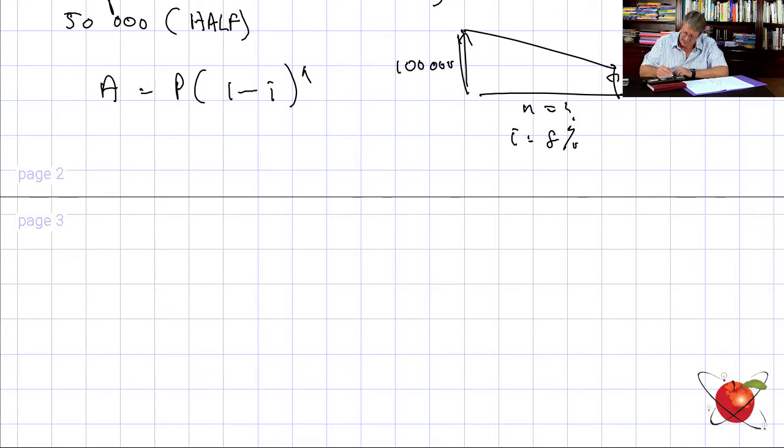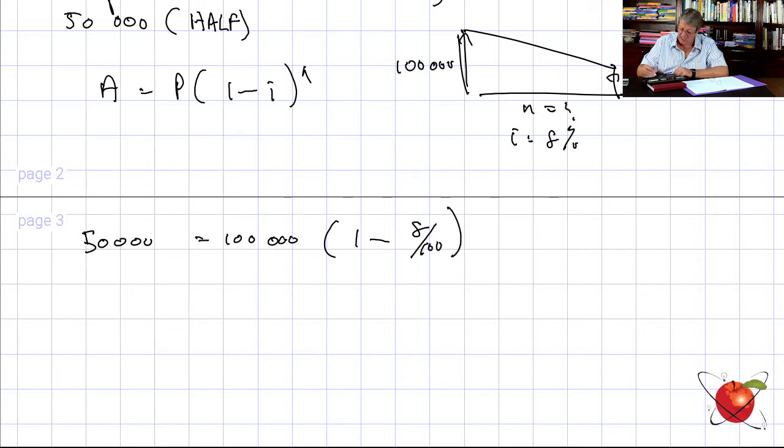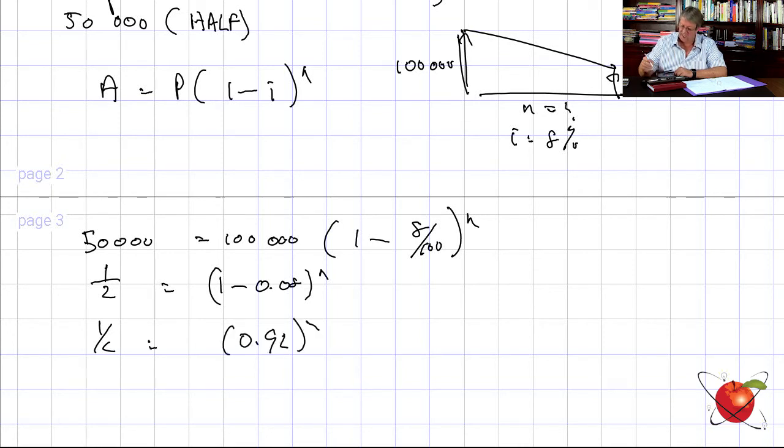Now, therefore, I can say A is going to be 50,000 is equal to 100,000 times (1 minus 8 over 100), and it's to the n. So here, this is half the value: 1 minus 0.08 all to the n, which is a half is equal to 0.92 to the n.